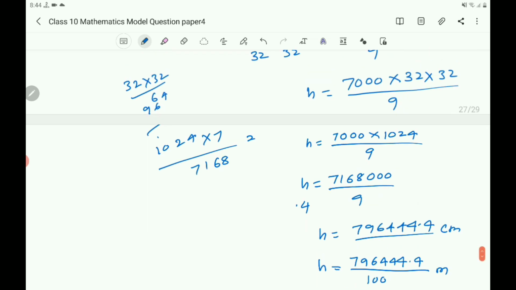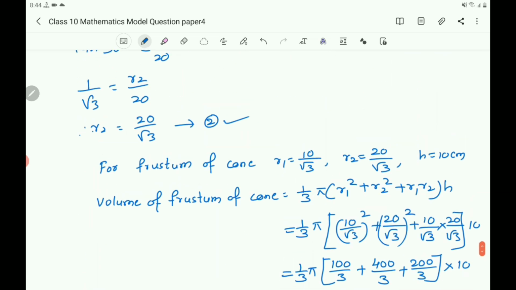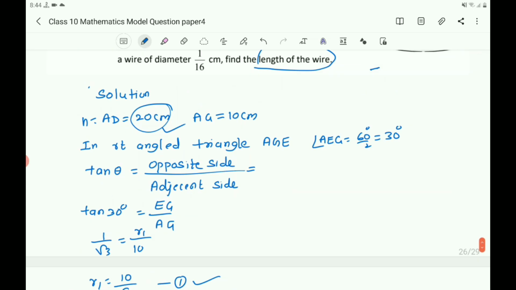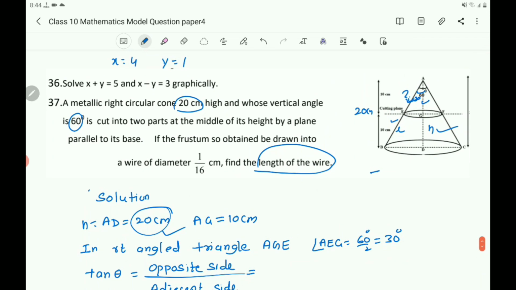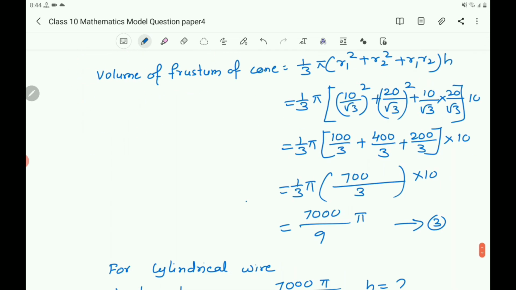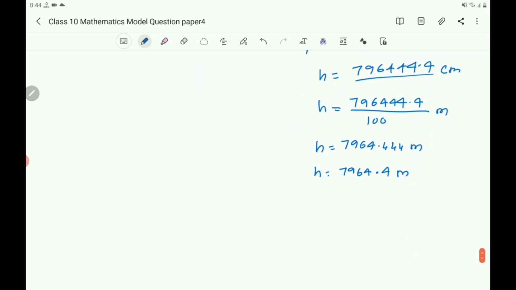That is the length of the wire: 7964.4 meters.